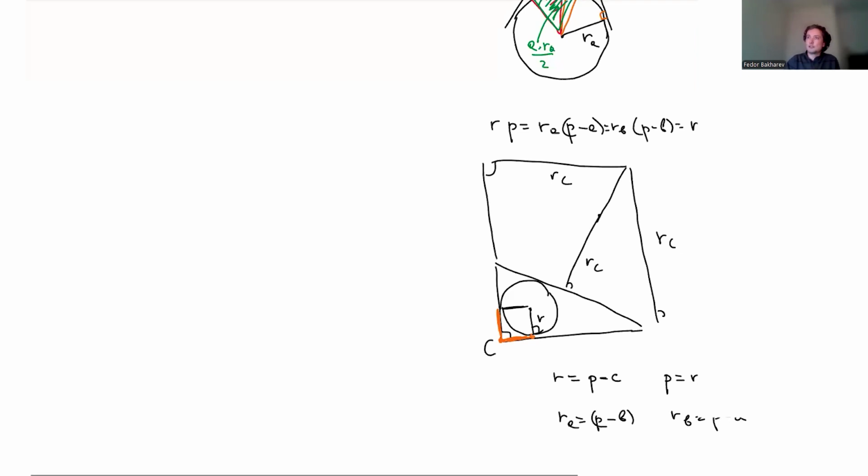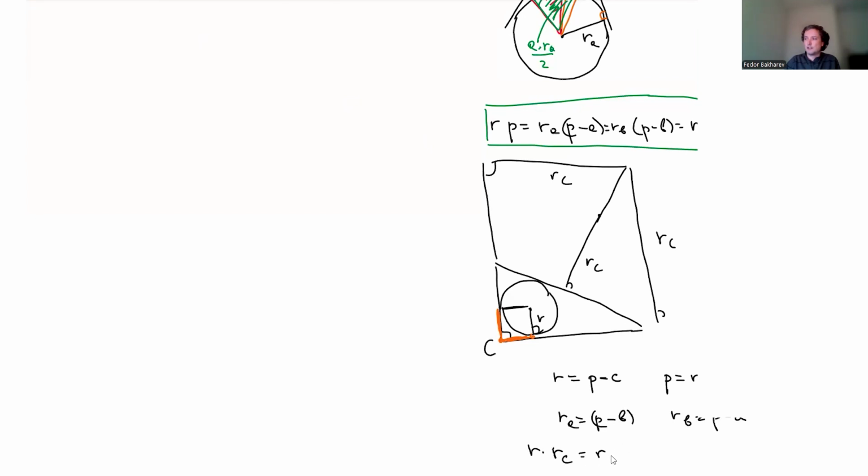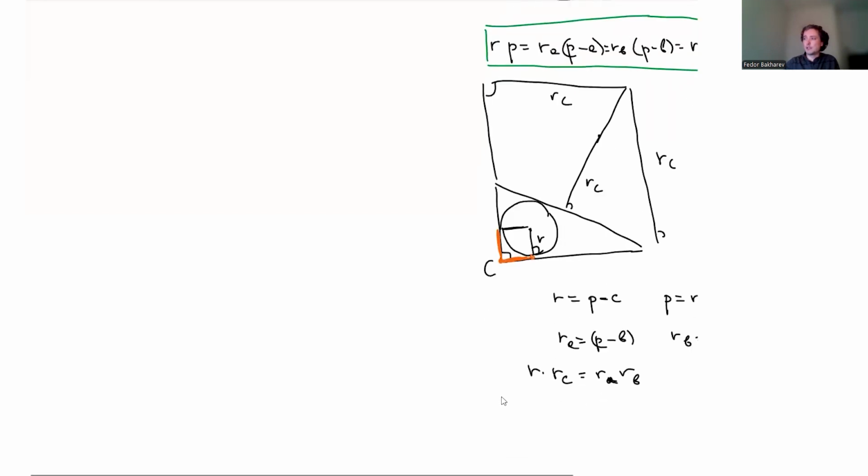So in these beautiful formulas, actually we will get another stuff. We could replace these radii by semi-perimeters, or vice versa. We could replace semi-perimeters by radii in this case. So for example, we could write that r times r_c is r_a times r_b. So this could be derived for the right triangle, and vice versa.